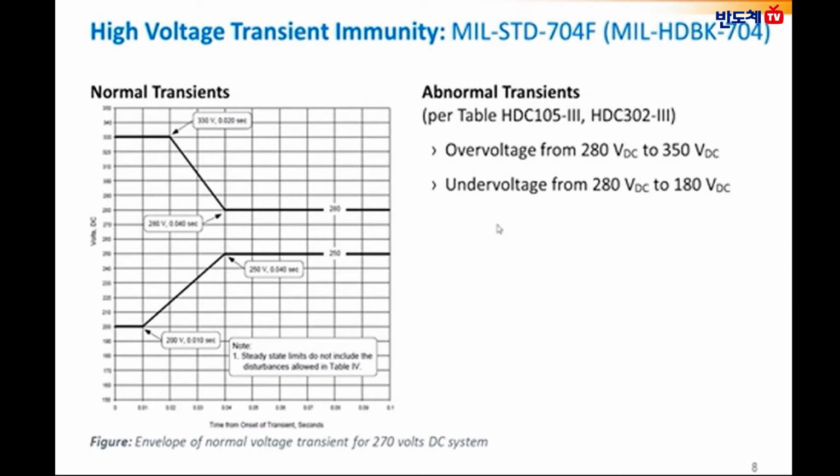Similarly, the electrical power characteristics such as transient immunity are from MIL standard 704F for high input voltage DC systems.